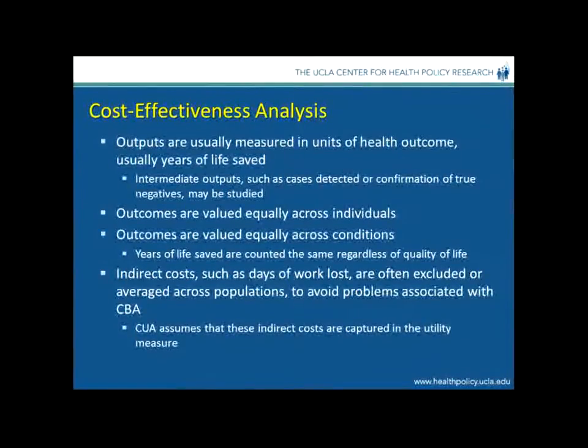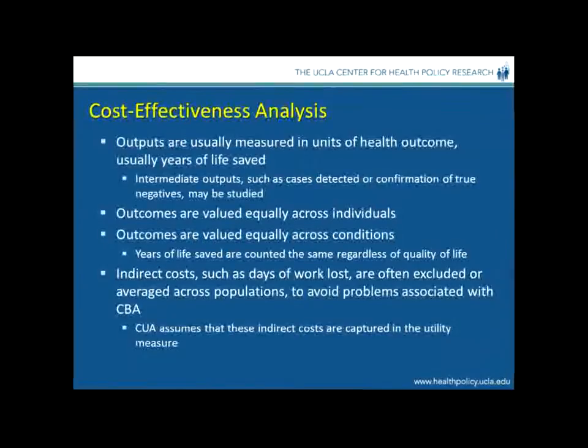The final point here is that indirect costs, such as things like days of lost work, are often excluded or averaged across populations to avoid problems associated with cost-benefit. So in other words, there might be some health conditions where you say, well, look, the disability is important, we should measure it, but that's going to affect people in the workforce.